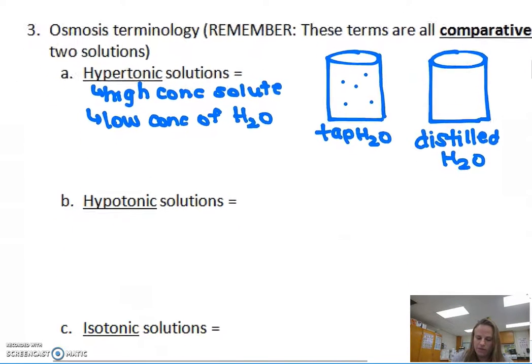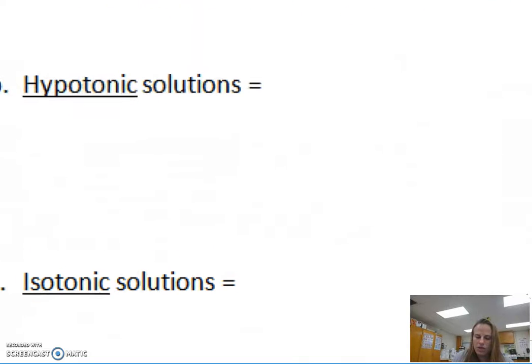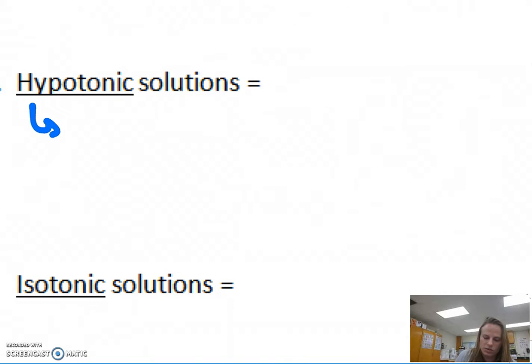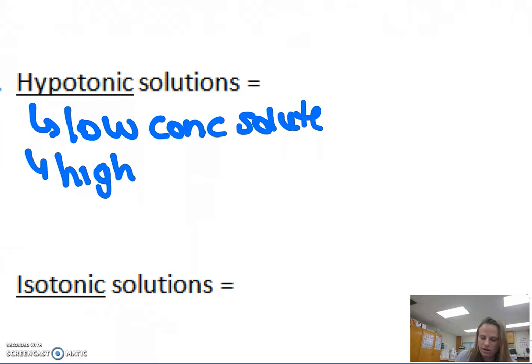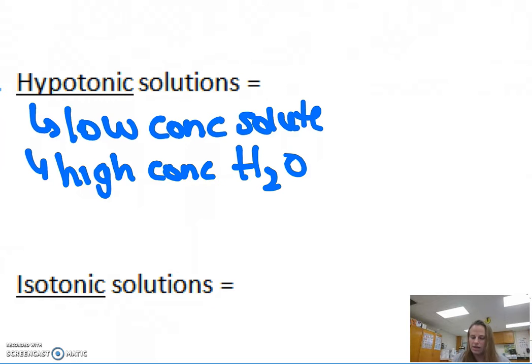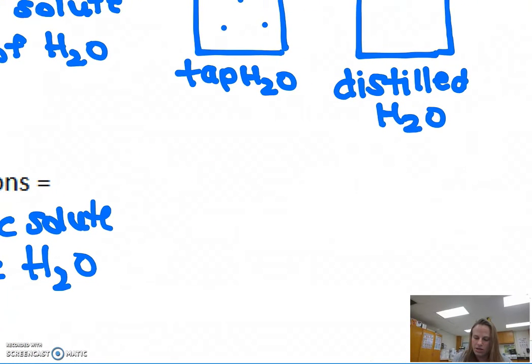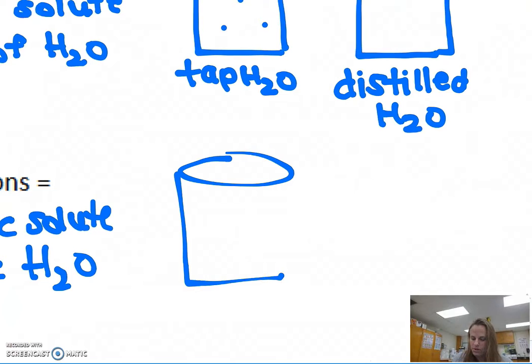So let's continue. Defining a hypotonic solution. Well, a hypotonic solution would have a low concentration of solute, but it's going to have a high concentration of water. So now let's take our example again. Let's take our beaker of tap water that's got some, I don't know, fluoride in it.